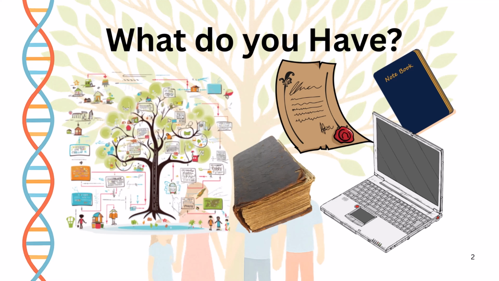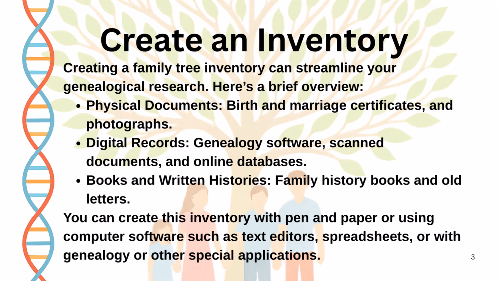So what you have to do is look at what you have and make an inventory. What we need to do is make the inventory that shows what we have, where we have it, and what it contains. There are some examples on the screen, and you can create this inventory any way you like.